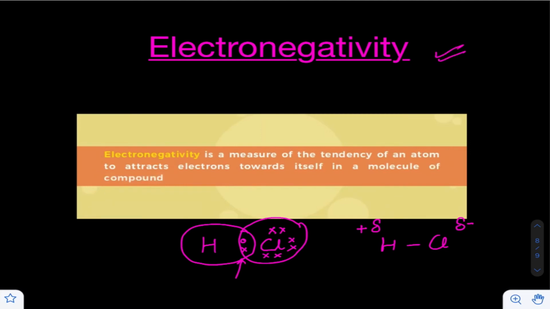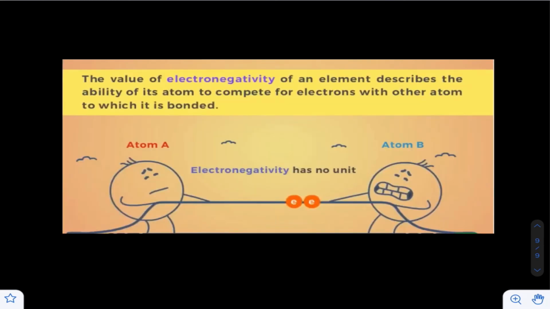Let's read the definition. Electronegativity is a measure of the tendency of an atom to attract electrons towards itself in a molecule of a compound. So this property is only applicable when a substance is in the form of a molecule or a compound. You can see here this particular atom has more tendency to attract the electron pair.